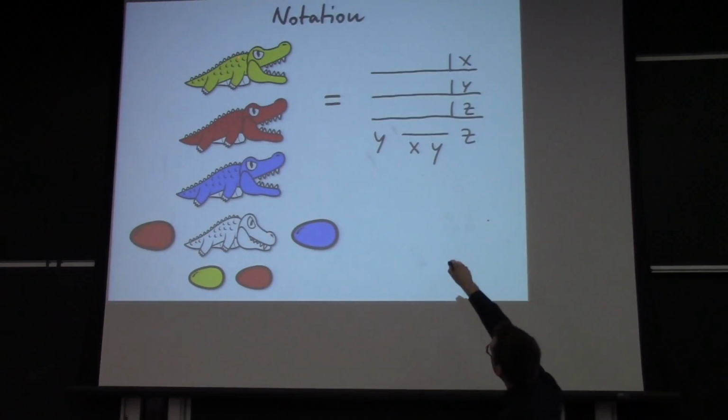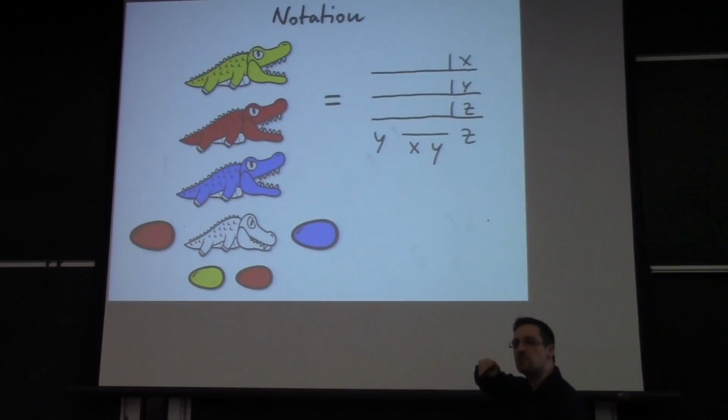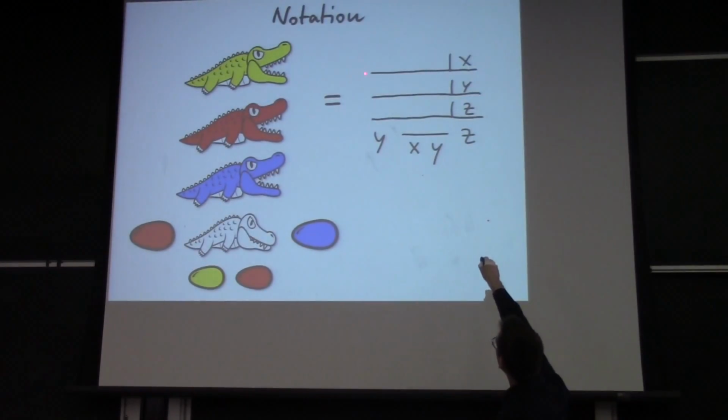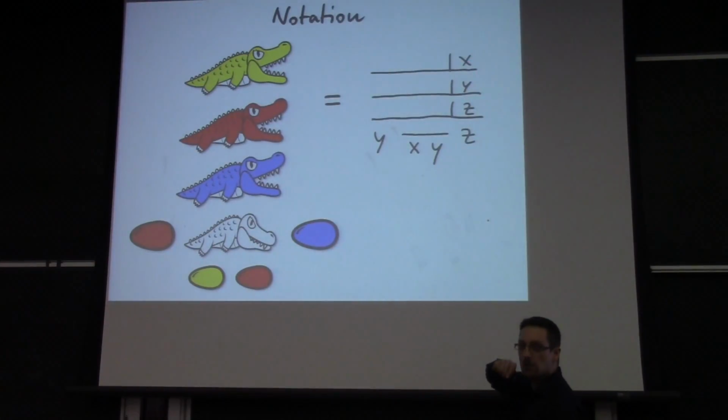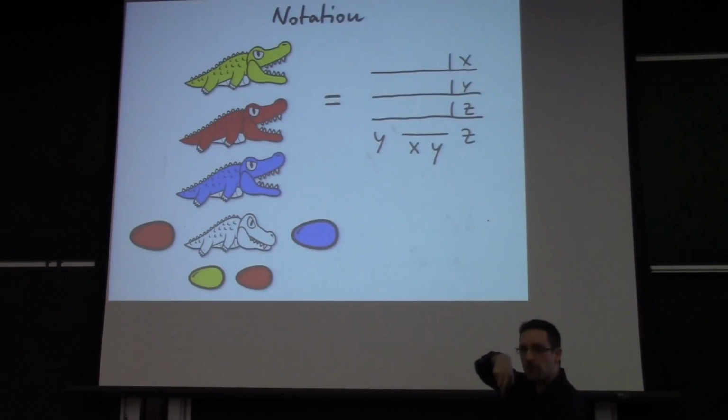Here you can see that the hungry alligator is represented by such a line, and here is a variable that stands for the color of that hungry alligator. So you can think of this as a hungry alligator of color X. And here's another hungry alligator of color Y. Here X corresponds to yellow, Y corresponds to red, and Z corresponds to blue.